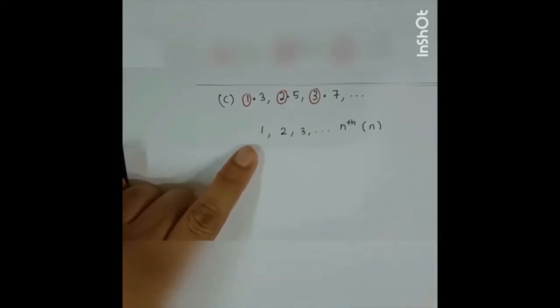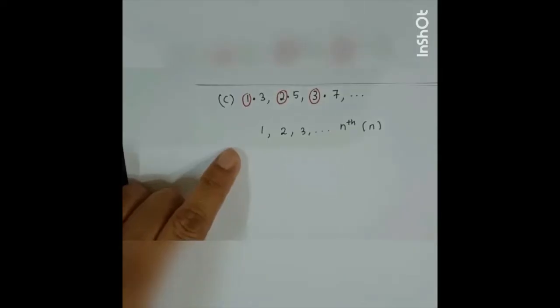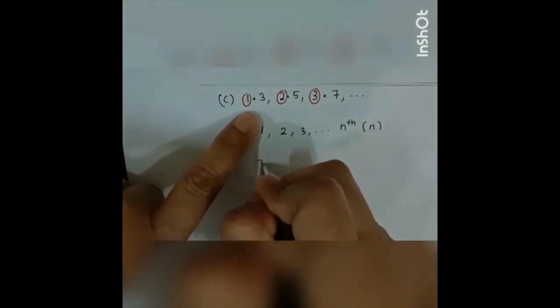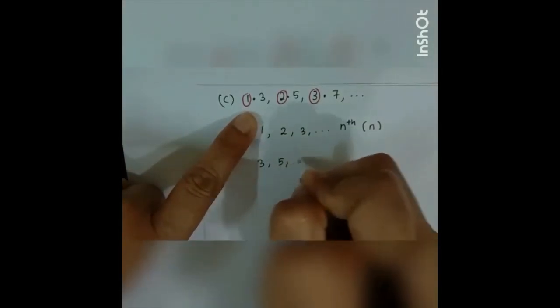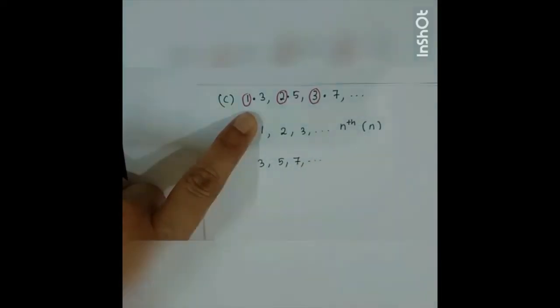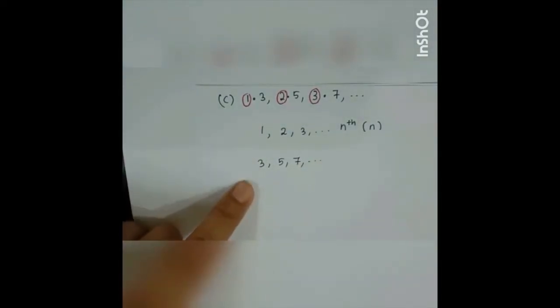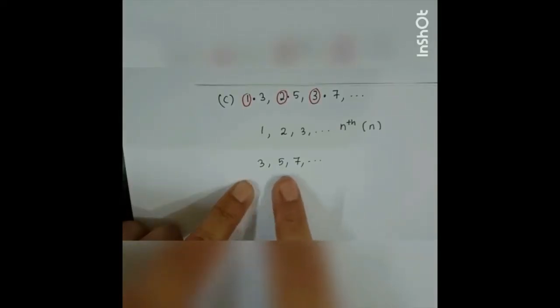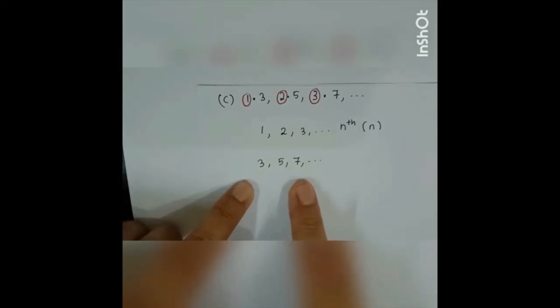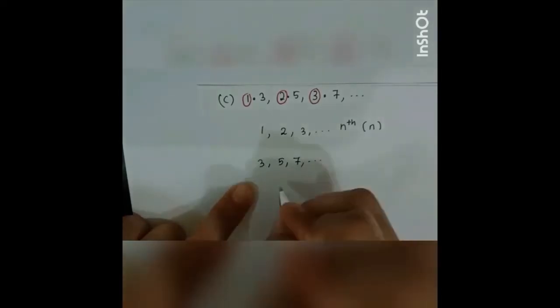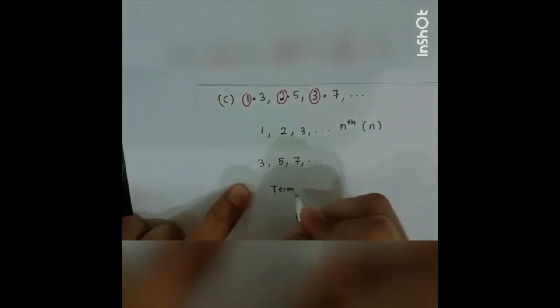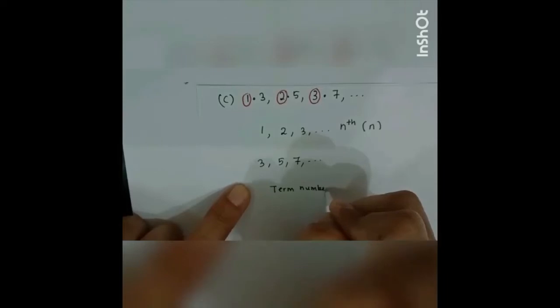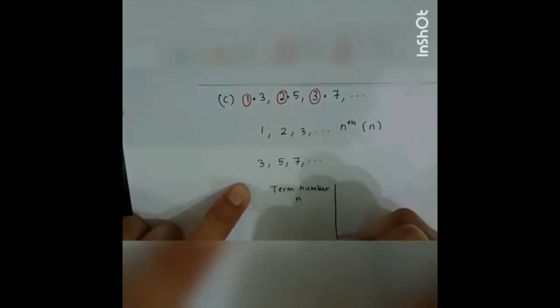Next, the second part of the sequence is 3, 5, 7 and onwards. So, to find the nth term for this sequence, same way as example 1a and b, term number and term.